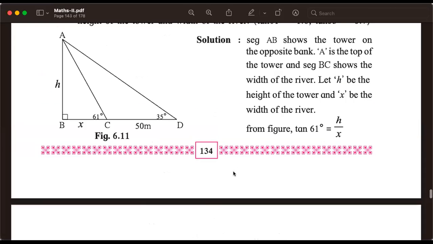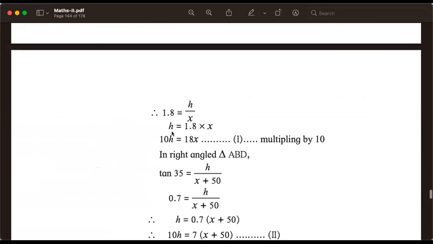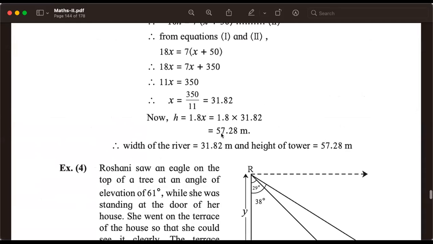And we know from equation 1 that h equals 1.8 into x. You put the value of x here and you can find the value of h. And finally, the answer written in English: 31.82 meters is the width of the river, and height of the tower is 57.28 meters.